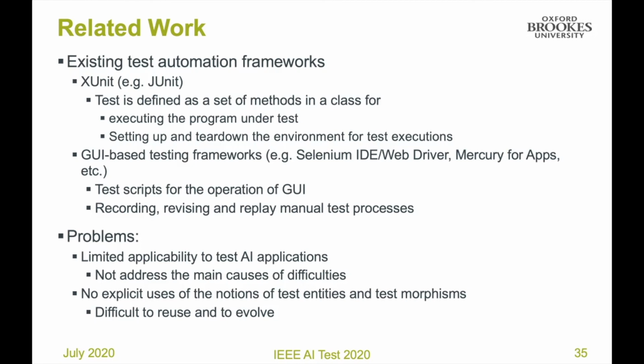Both of them have limited applicability to testing AI applications because they do not address the main difficulties of testing AI applications. There is no explicit use of the notions of test entities and test morphisms. It is difficult to reuse and very difficult to evolve in these two types of test automation framework. And also their test scripts are very low level in comparison with our work.